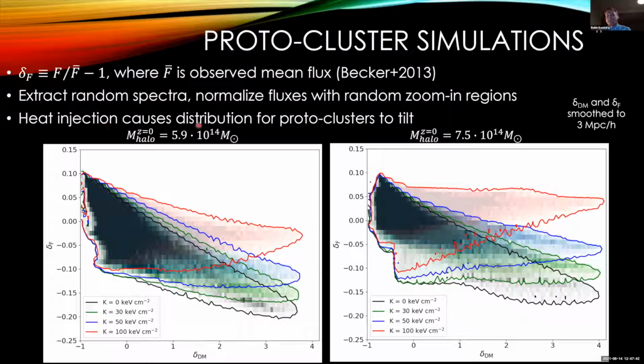And then we extract Lyman alpha spectra from these simulations, normalize the fluxes, and then we make this plot here. So basically what you see is if you start injecting energy into these systems at redshift 3, then at redshift 2, which is these plots, you start getting a tilt here in the distribution of delta flux versus delta dark matter. And the higher your entropy floor, the more the tilt goes upwards.